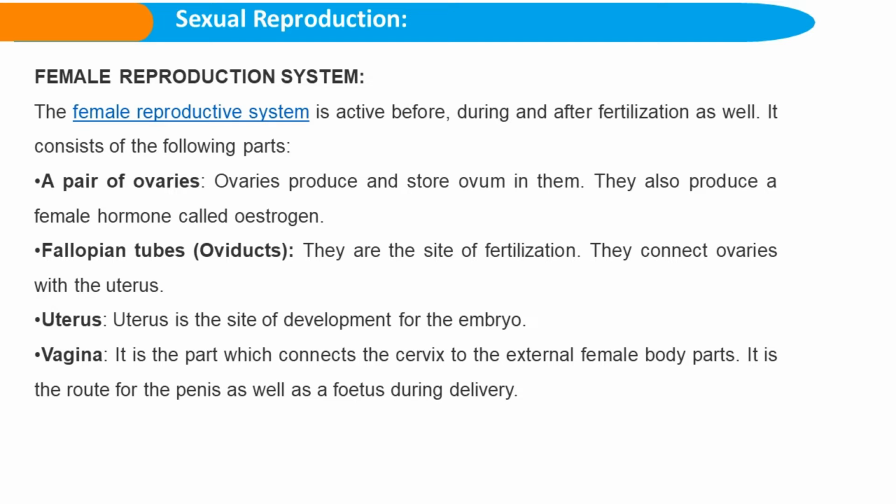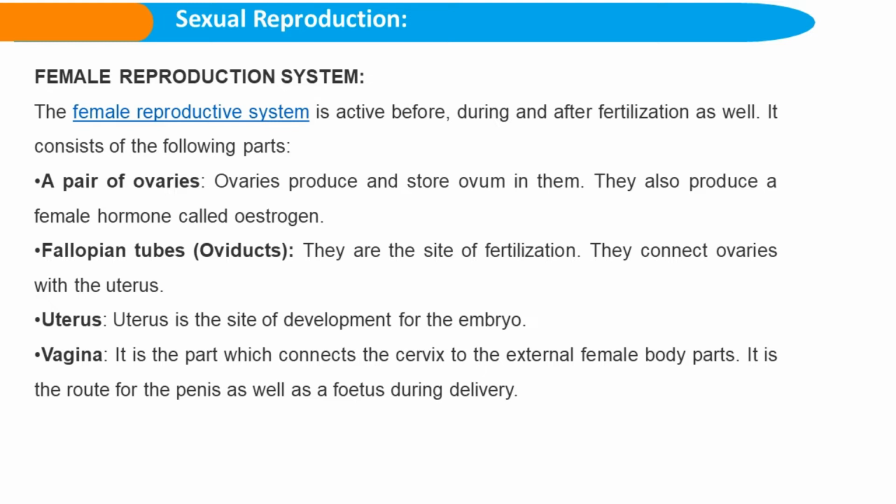Once menstruation is over, again the endometrium starts developing to receive the embryo, and once fertilization takes place, the thickness of the endometrium continues and is ready to receive the embryo. It provides nourishment and disposes wastes of the developing embryo. That means the main function of the uterus is that it is the site for development of the embryo.